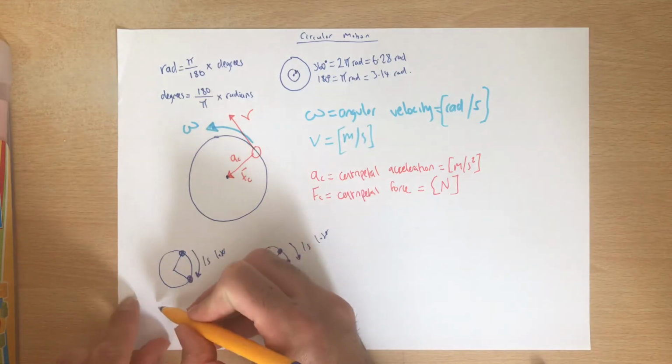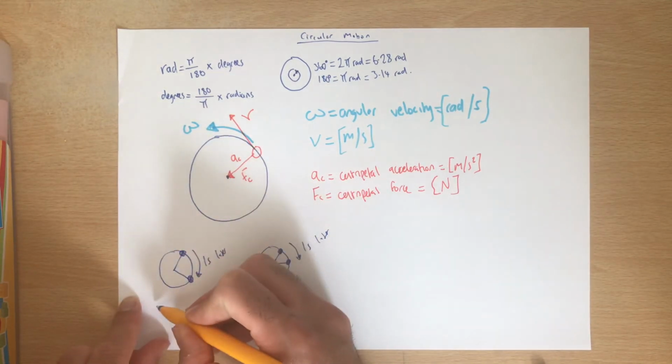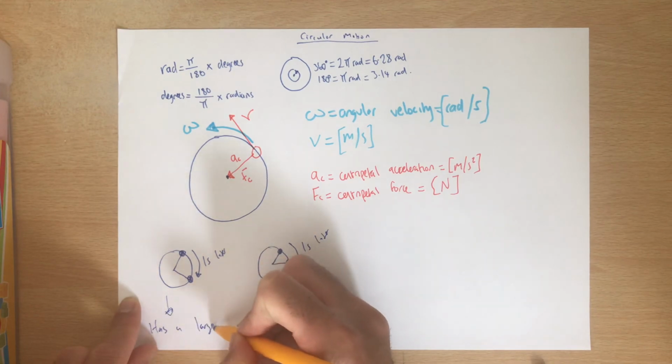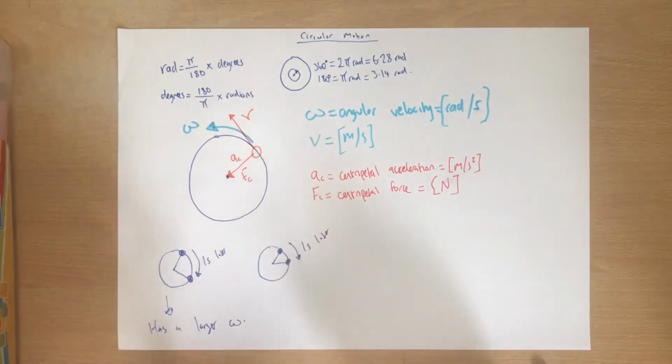Well, this one here, object A, has a larger omega value. So there we go.